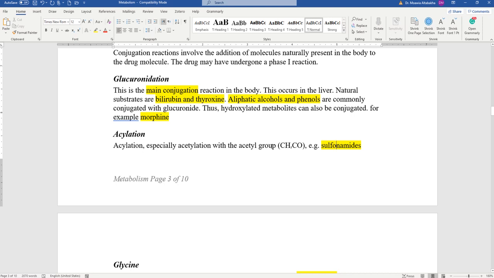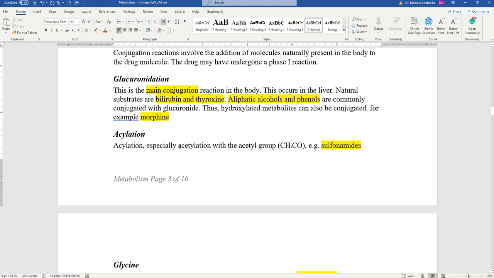Now, as you know, these enzymes are made by genes, okay, and you know that we are genetically different. That's why the enzymes that are there can differ in quantity and activity. So for example, we have what we call slow acetylator groups.